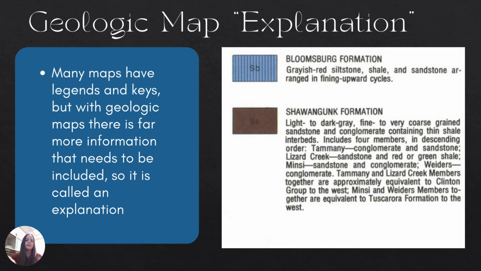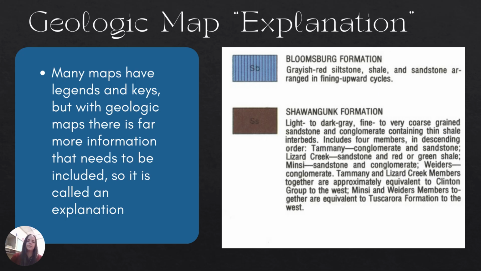And then you're going to have an explanation. So this would be like your legend. Pretty much every map should have some sort of a legend. And on geologic maps, it's vital to understanding what the colors mean. And for the more advanced geologic maps, we also have unit codes that are listed. So like this first one says SB, it's kind of hard to see.